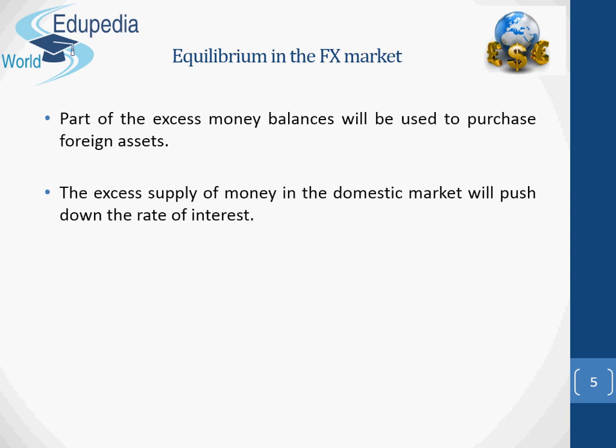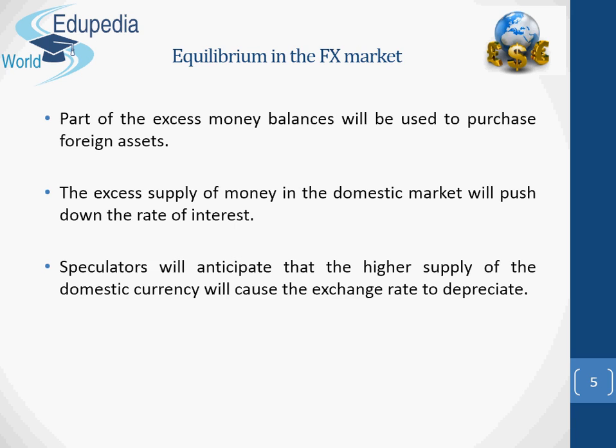This, like the first effect, will lead to an increased demand for foreign assets and thus an increased supply of the domestic currency on the foreign exchange market. It will also reduce the demand for domestic assets by those outside the country and thus reduce the demand for the domestic currency.